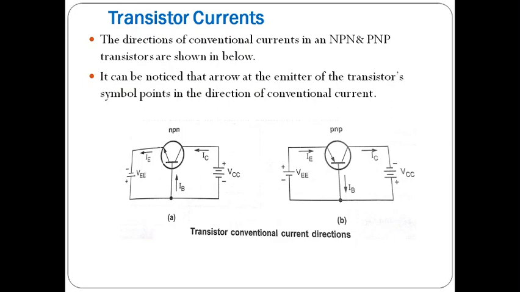IE is going out. Coming to the PNP, here the emitter current is entering. So the sum of base and collector current is the emitter current. So IE is entering, base and collector currents are leaving. So you can observe the directions of conventional current in both NPN and PNP transistors. Clear? So IE equals IB plus IC.